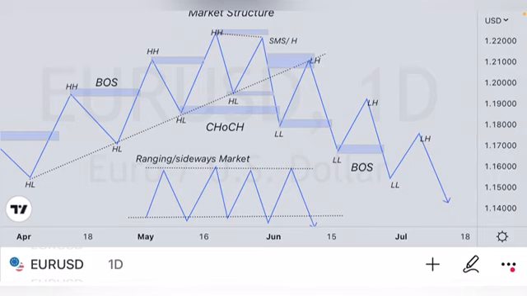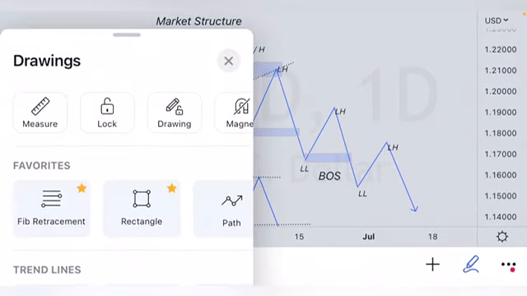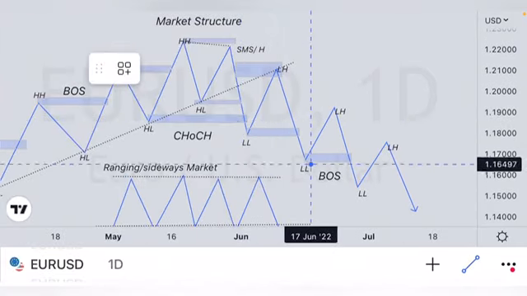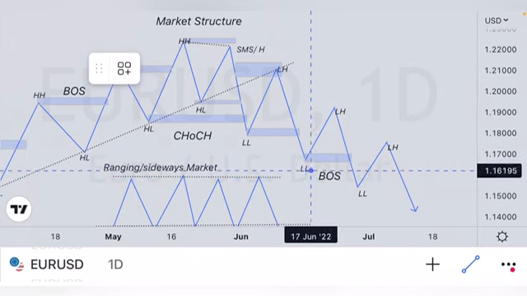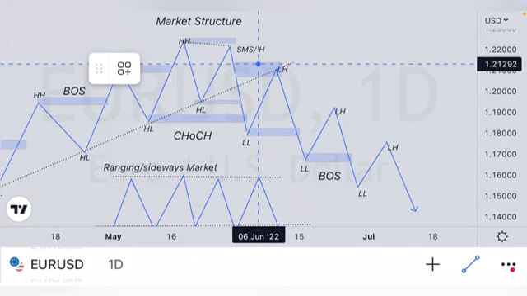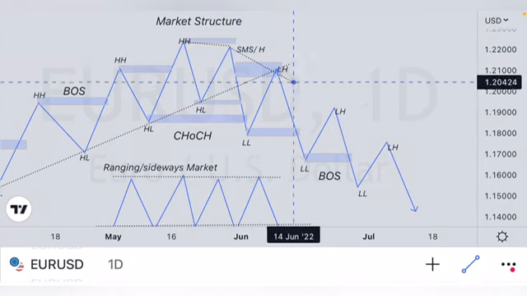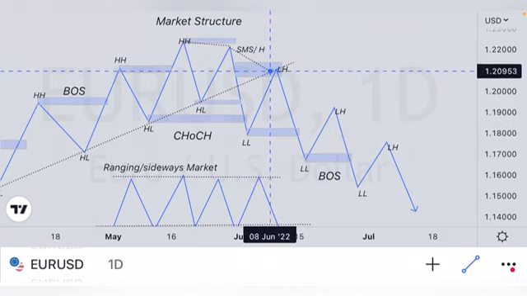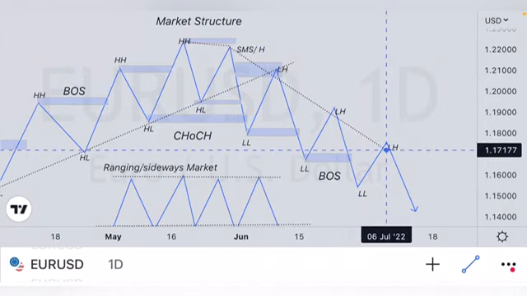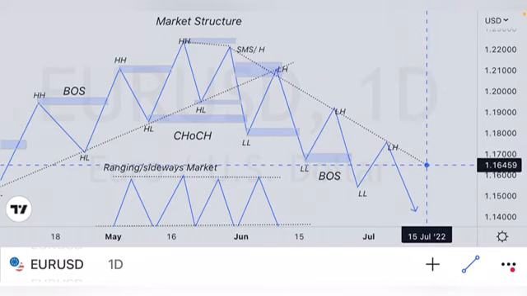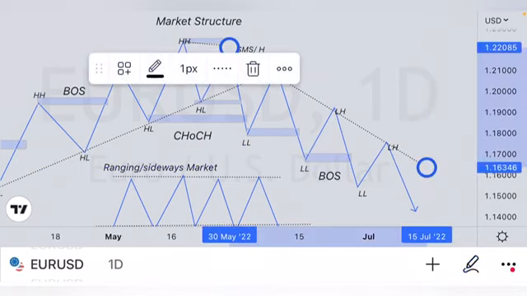So for the bearish trend, I have to draw the trend line. For the bearish trend, this is the first touch, second touch, third touch, and fourth touch. Then you always wait for your break.